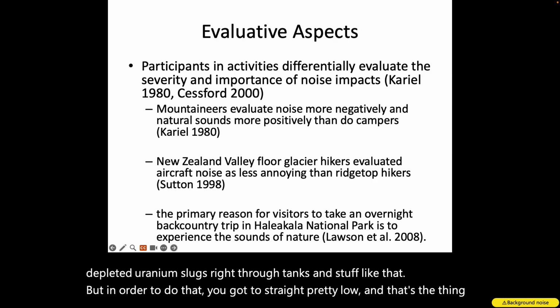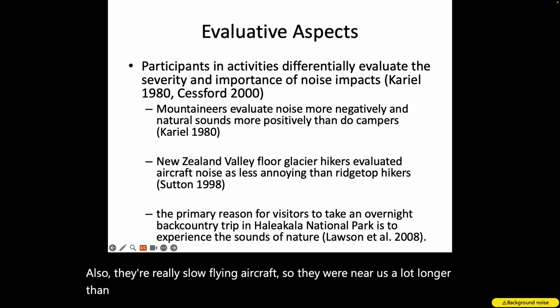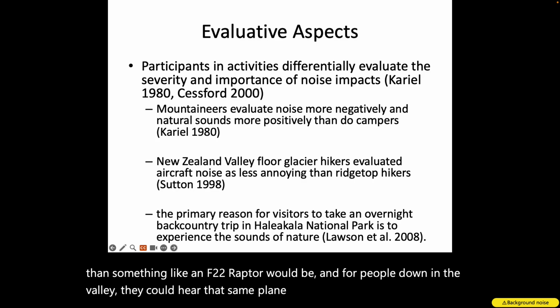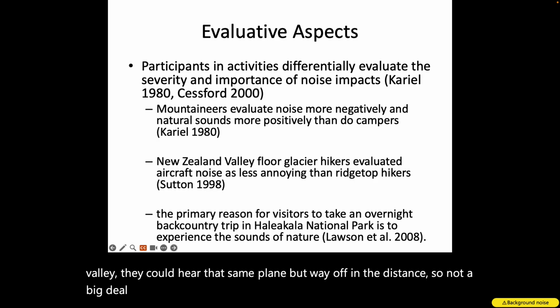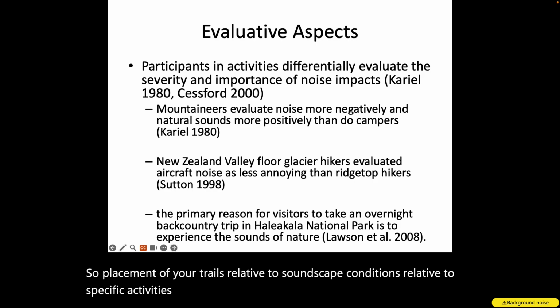Also, they're really slow flying aircraft, so they were near us a lot longer than something like an F-22 Raptor would be. And for people down in the valley, they could hear that same plane, but way off in the distance, so not a big deal. Okay? So, placement of your trails relative to soundscape conditions, relative to specific activities, makes a difference. All right?